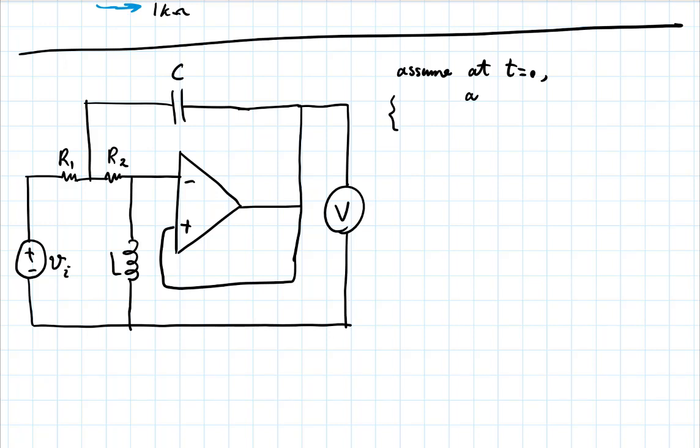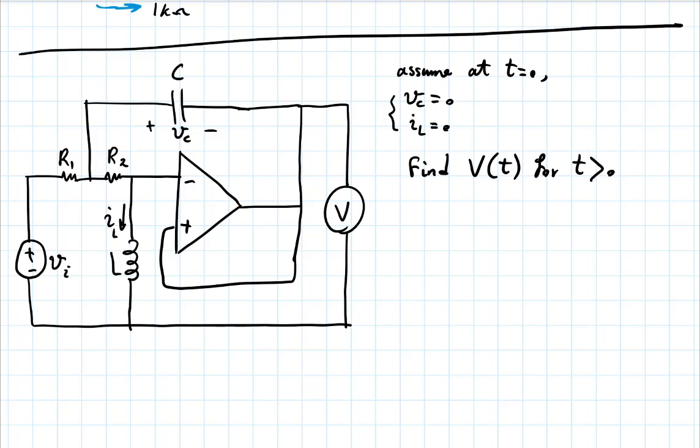Or capacitor voltage is 0. So if we call this IL and this VC, IL is 0. Find V of t for t greater than 0.